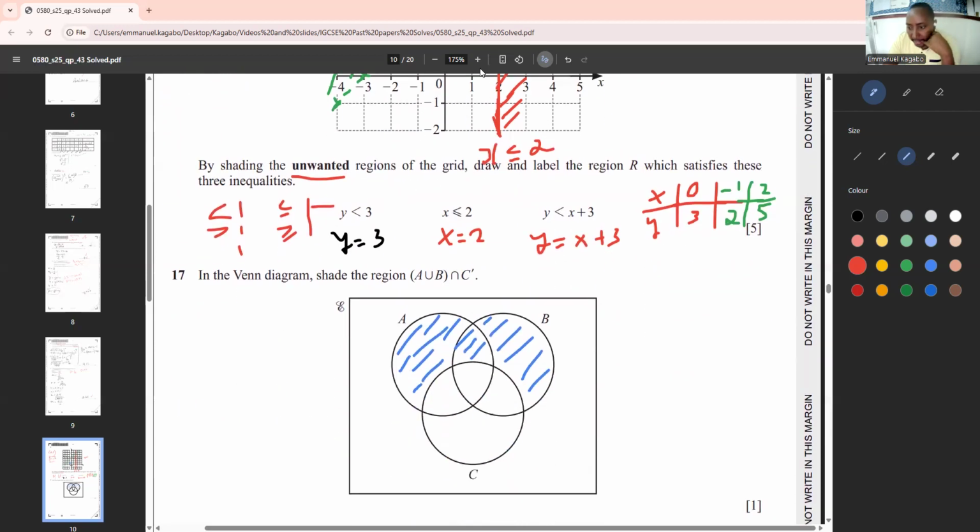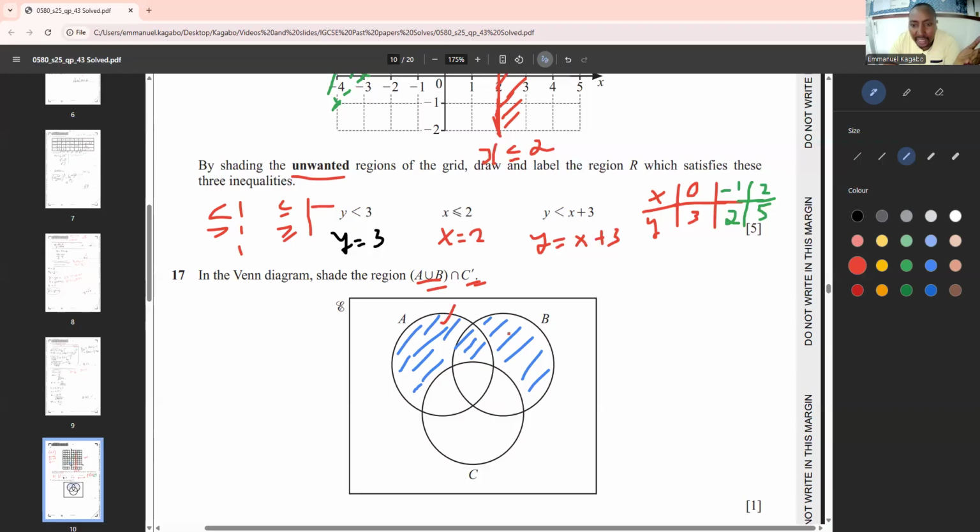Very good. Question 17. In the Venn diagram below, shade A union B intersection C complement. Guys, what is A union B? It's everything. A union B, everything. You are shading the whole of A, the whole of B. Then C complement. You shade everything except C, so including outside. So what you shaded here for this, and what you have shaded here, which one is common, guys?